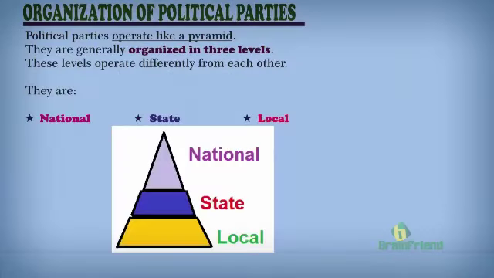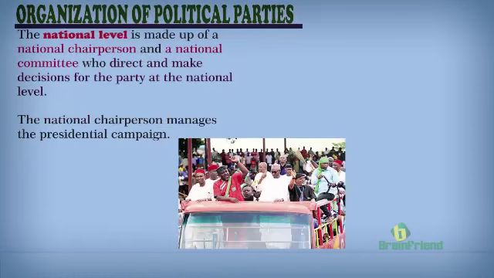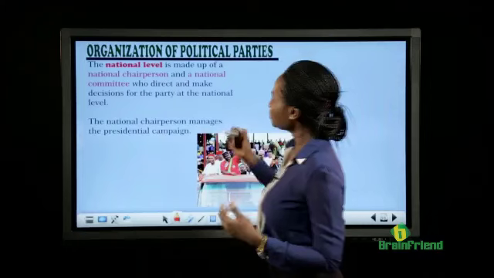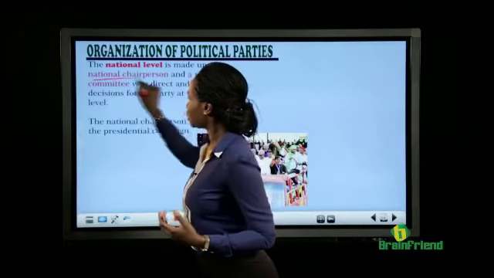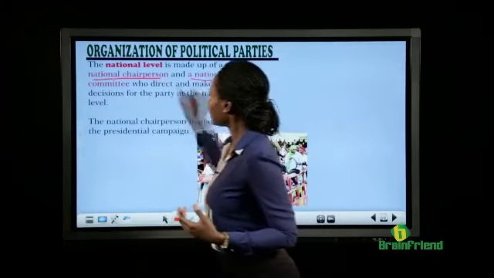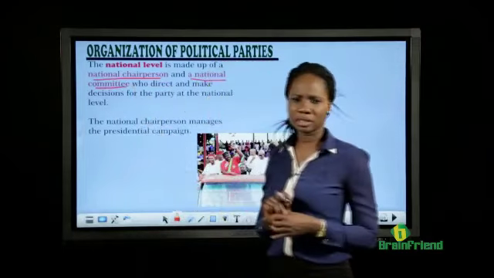In being organized, the political party is organized in 3 levels, which are the national, the state, and the local level. These levels are seen like a pyramid, like we have on the board. We'll be looking at these 3 one after the other. The national level: at the national level, we have the national chairperson and a national committee.